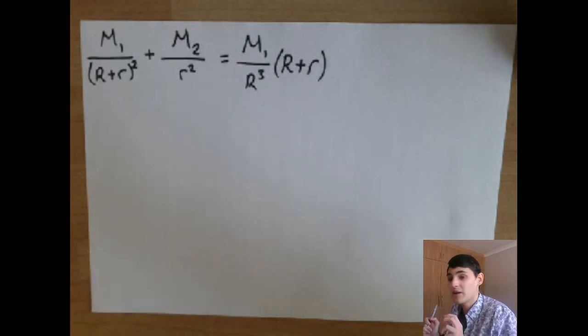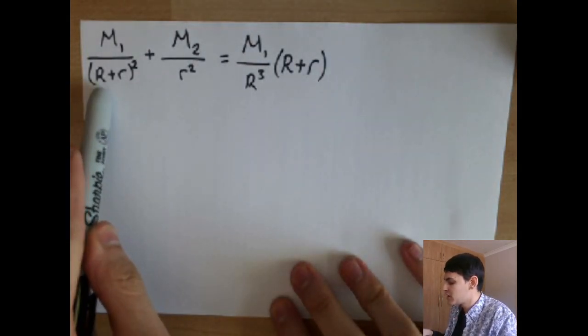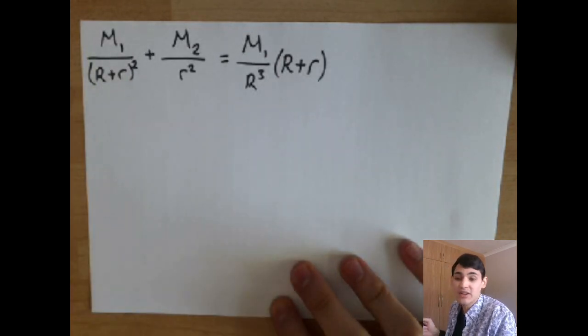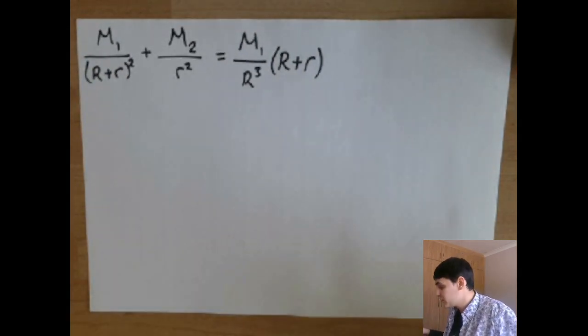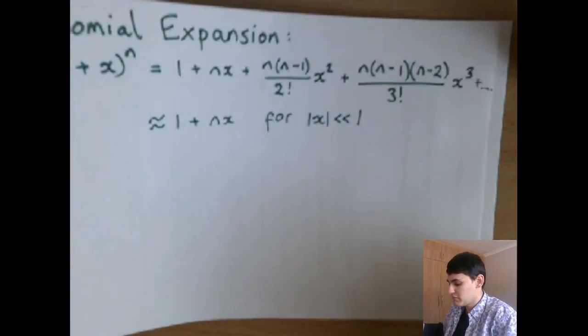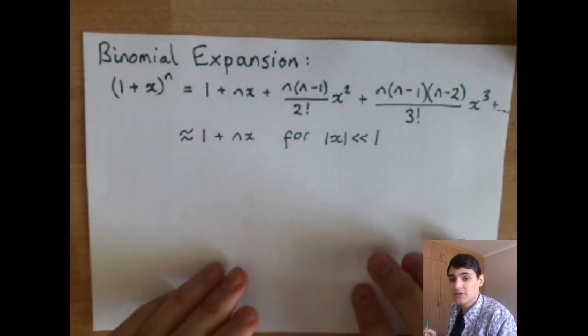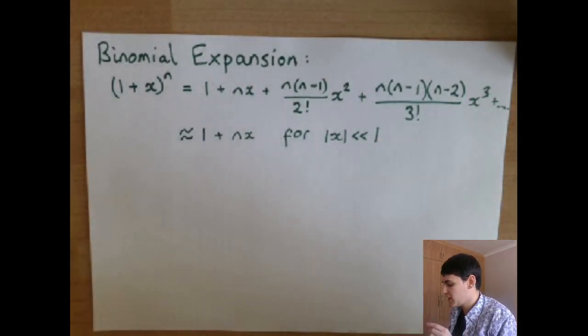Okay, and we use a binomial expansion on the 1 over big R plus little r all squared term. Okay, so let's go ahead and do that, and we will do that on a separate sheet of paper here. Okay, so I've got the binomial expansion formula here.